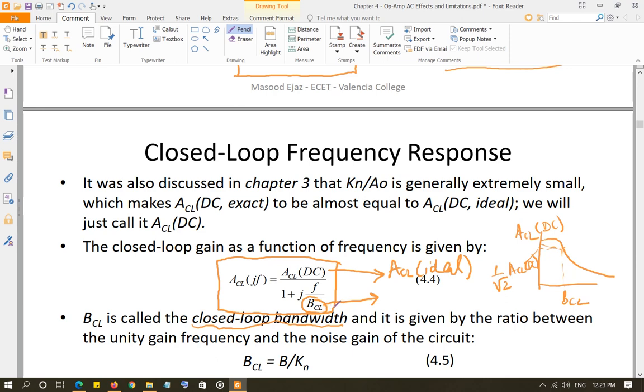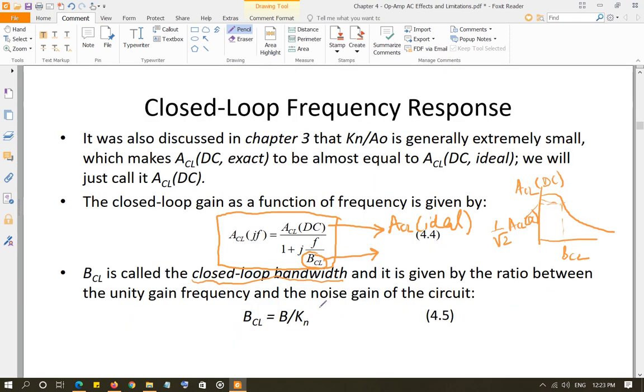And what is the closed loop bandwidth? The closed loop bandwidth is defined as the ratio between unity gain bandwidth and the noise gain. And remember, unity gain bandwidth is 1 megahertz for the 741.